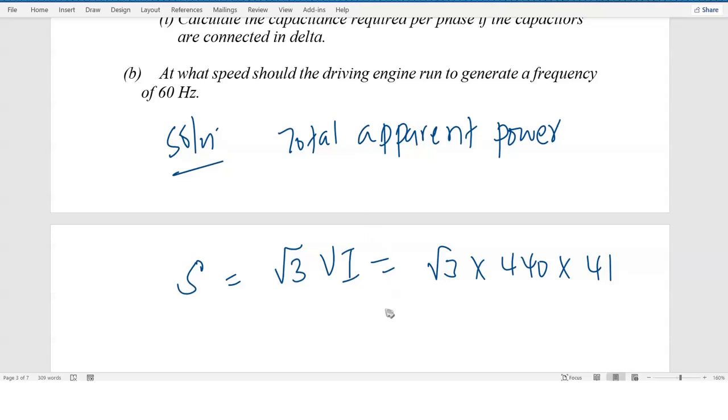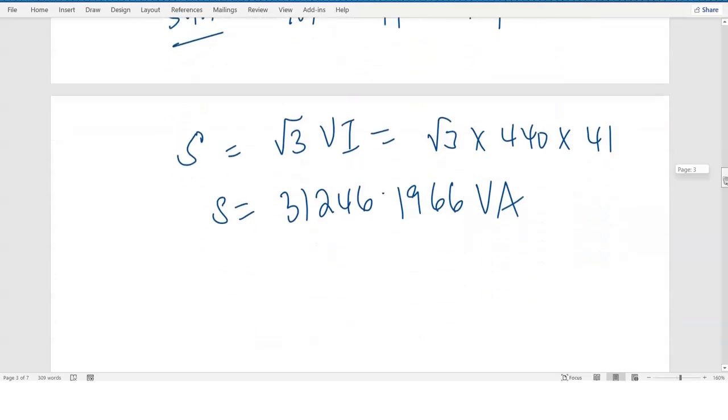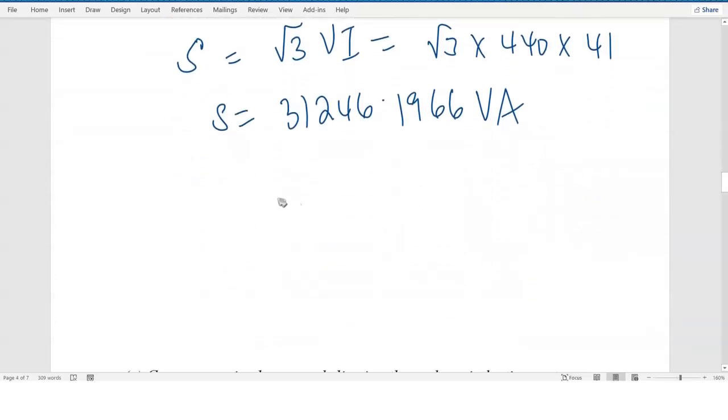So we are getting S equivalent to 31,246.1966. This is in volt amperes. This is the apparent power, so it must be in volt amperes.